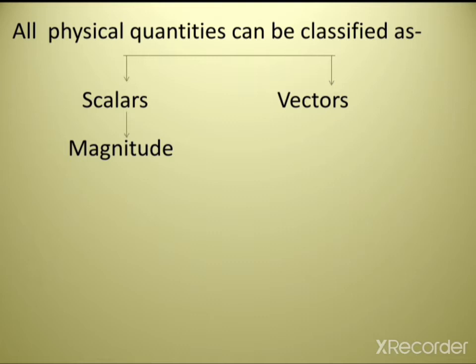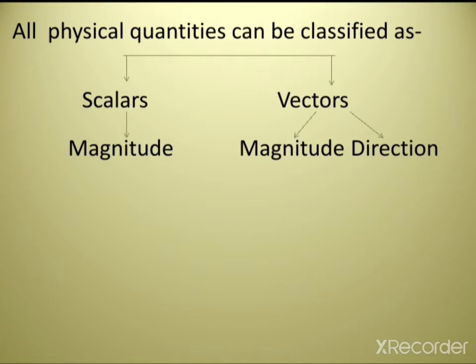That means to define a vector quantity you have to know the direction along with the magnitude. So this is the basic difference between scalar and vector quantities. That is, scalar quantities can be defined by only the magnitude, but to define the vector quantity you have to know the information of magnitude as well as the direction.